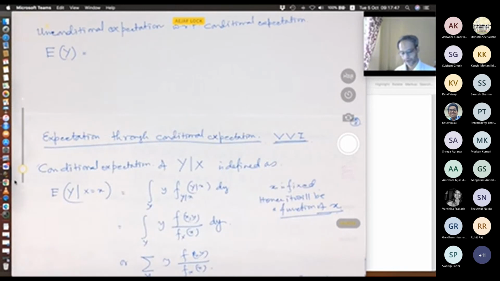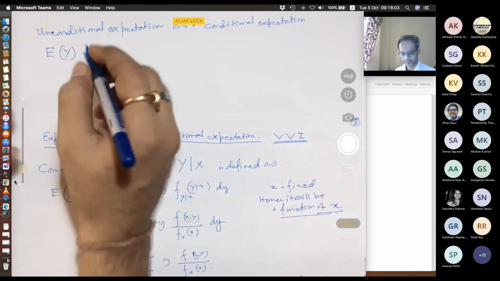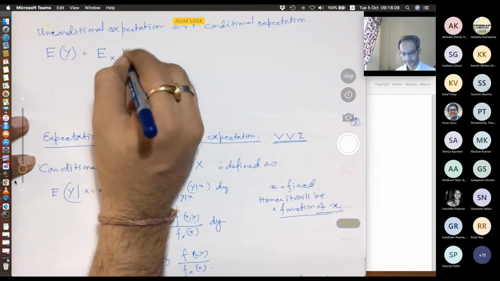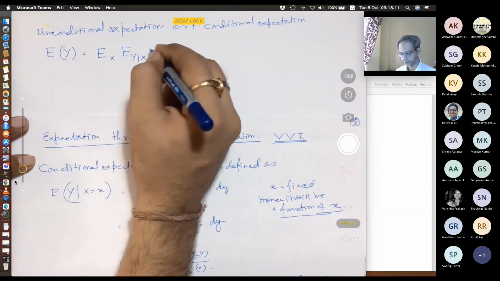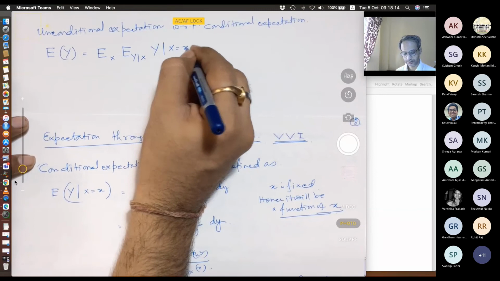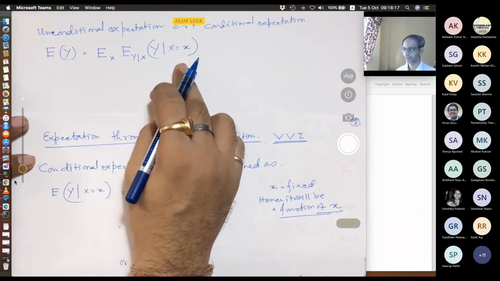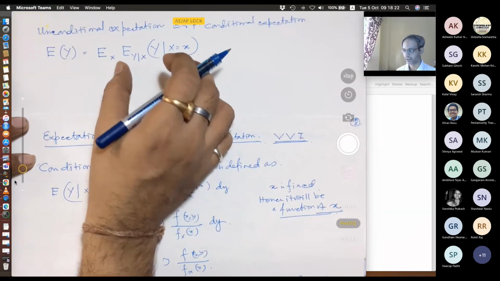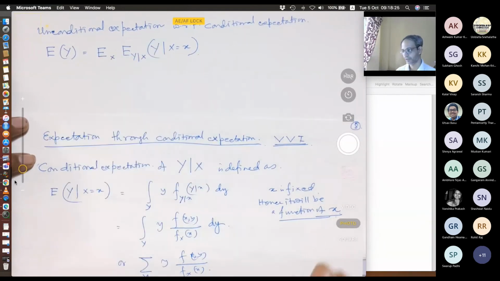Now this thing I can split and convert to a conditional expectation and then take another expectation over the variable on which we are conditioning. So it is like a compound probability calculation, but instead of probability you are calculating expectation. Every time you fix one value of x, calculate the expectation, it will be a function of x, then you take the expectation of that function. In that way it will work.